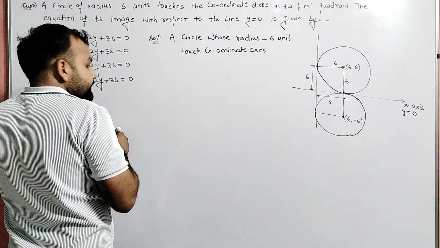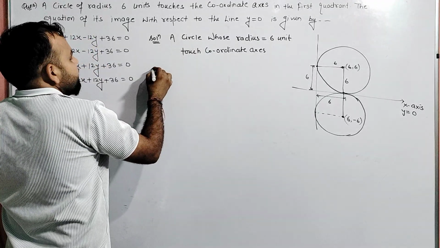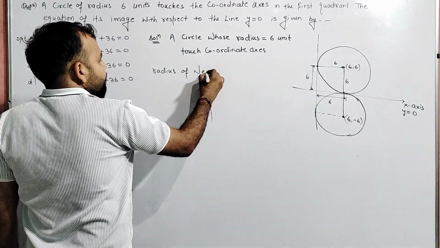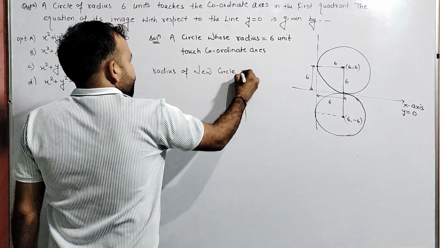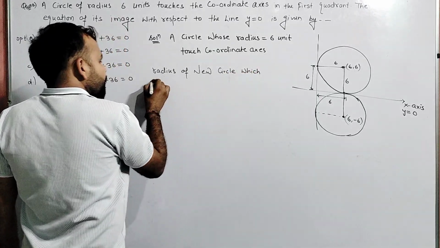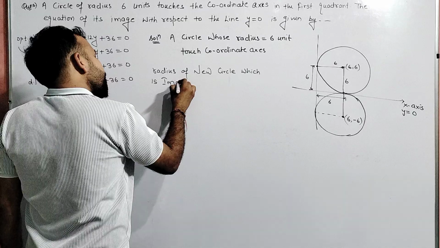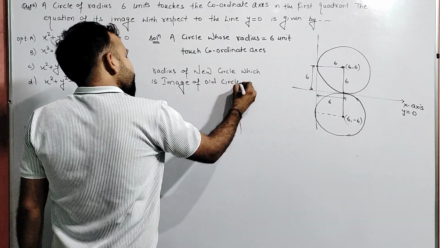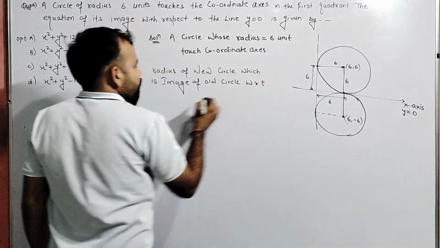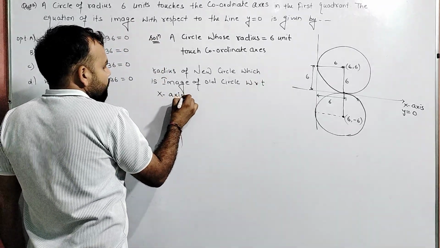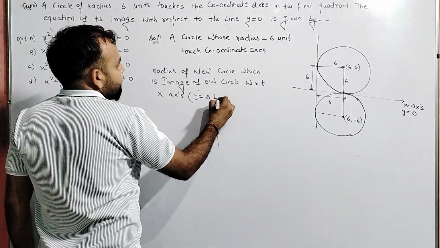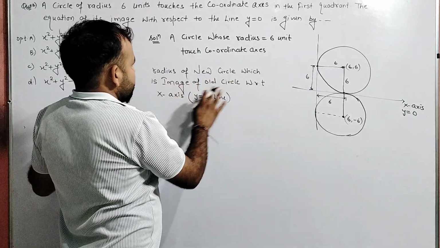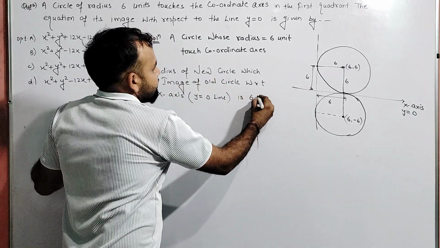So we can write that the radius of the new circle, which is the image of the old circle with respect to the x-axis, or we can say the y equals 0 line, okay student, is 6 units.